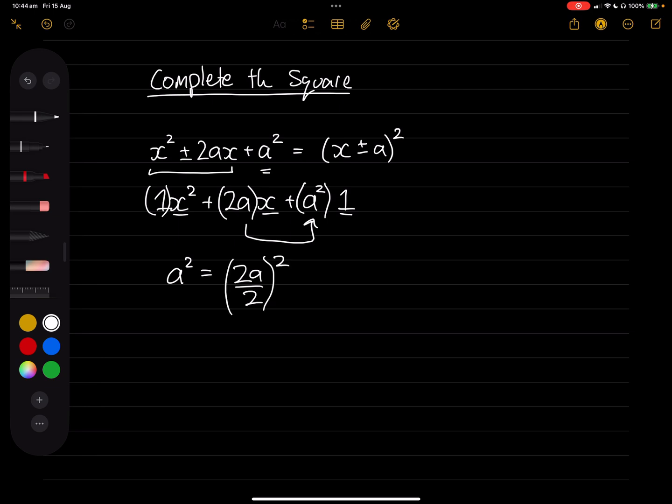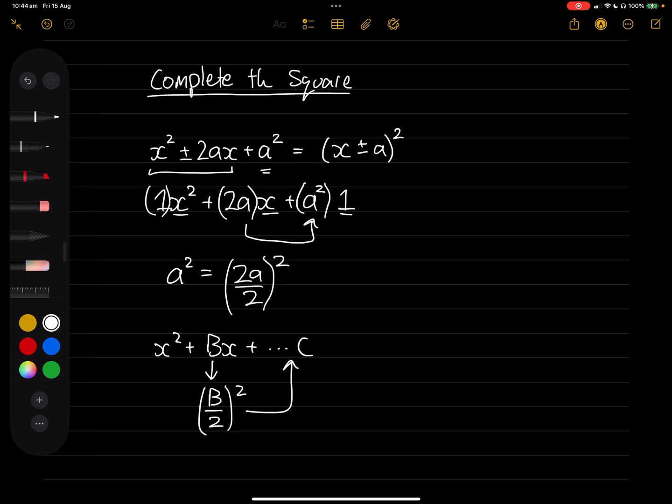So this is going to be our general process for completing the square. You're going to be looking at the b term in front of the x. You're going to be saying, okay, if I have some polynomial of the form x squared plus bx plus dot dot dot, you need to add a number to it. Take this b value, divide it by 2, and then square it.